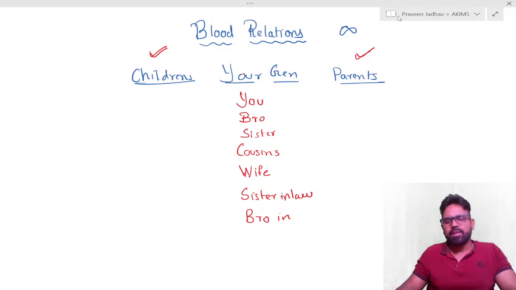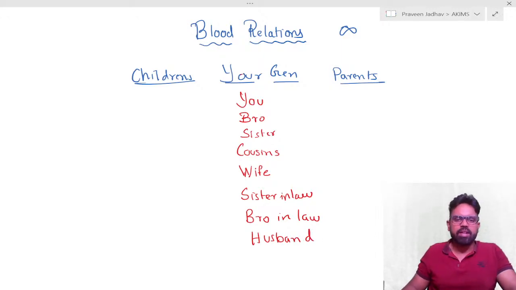Is that even possible? Then where will your husband come from? Your generation, yes or no? Very good. In our generation, husband will also come in the same generation, right?